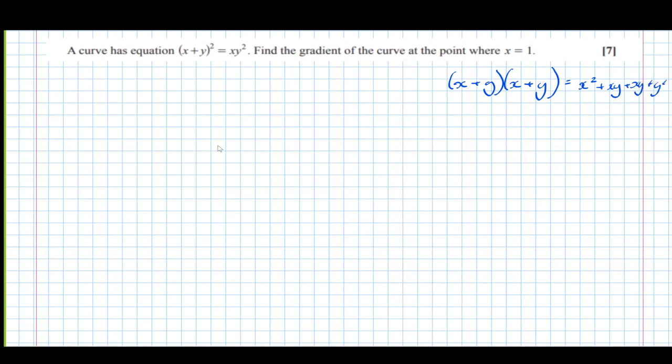So I'd rewrite the equation as x squared plus 2xy plus y squared equals xy squared. And notice here I've got two product rules to do. So I'll do that one first, and that one a double asterisk.